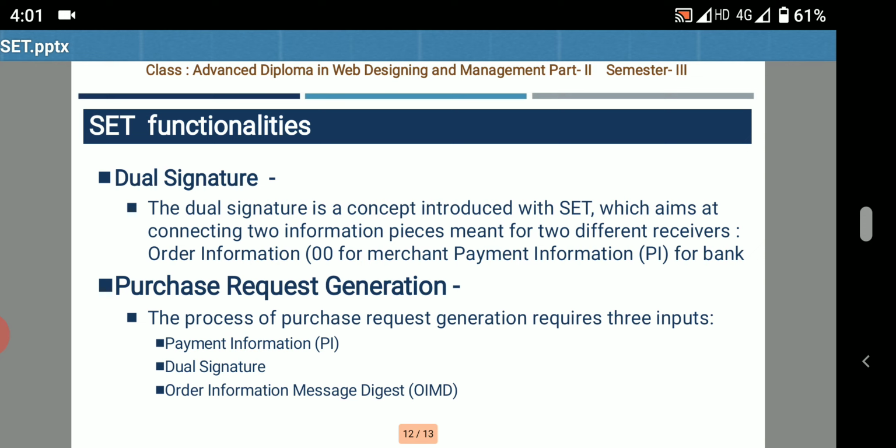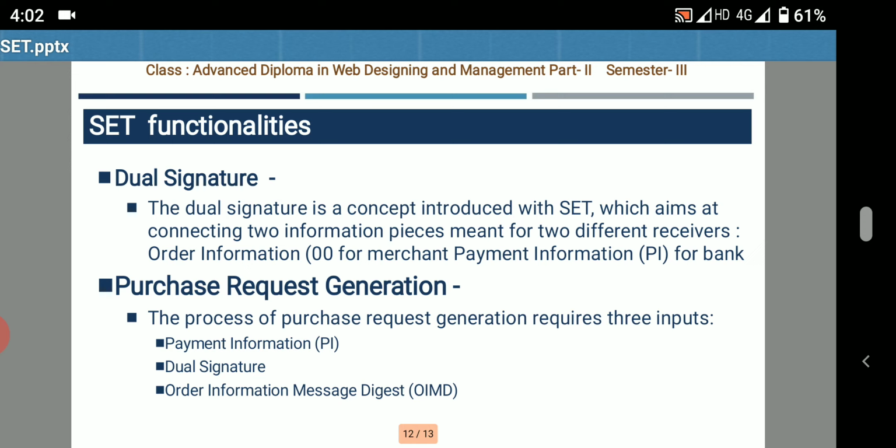Dual signature. The purpose of the dual signature is just to link two messages that are intended for two recipients. I'll just read out the definition first. The dual signature is a concept introduced with SET which aims at connecting two information pieces meant for two different receivers.